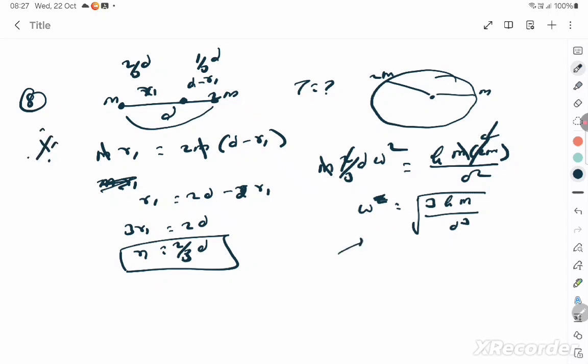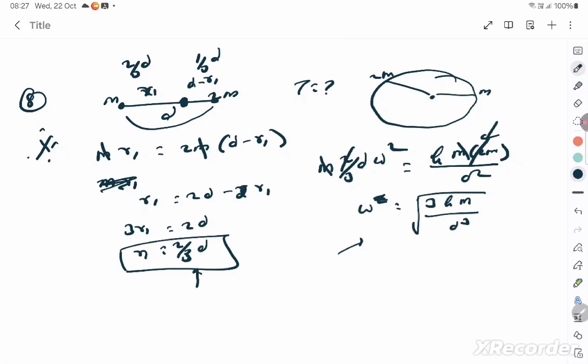What is the question? The question is about a mass m and a 2m spinning about their center of mass. Find the angular velocity. So take it as r1 and d minus r1 or whatever, and the left moment is equal to the right moment. So you get the value of r1.